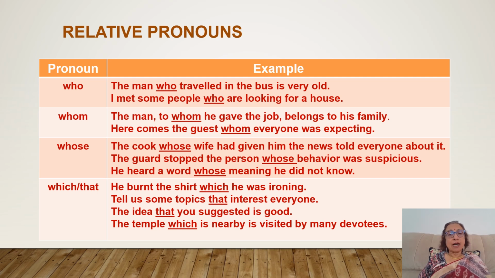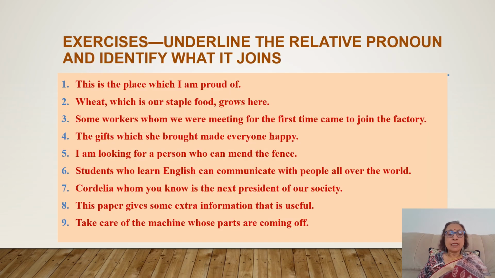So these are the examples of all the relative pronouns. The list of relative pronouns is there in the left-hand column and the examples are there in the right-hand column. Read the examples many times. If you have difficulty in understanding, listen to the explanation again. Since relative pronouns are very important, I'm giving you a few exercises on relative pronouns.